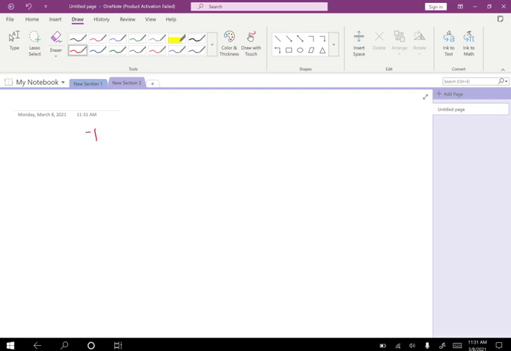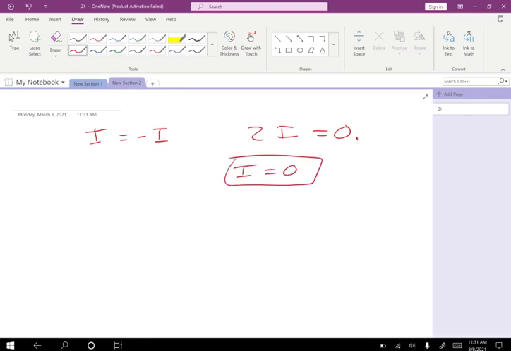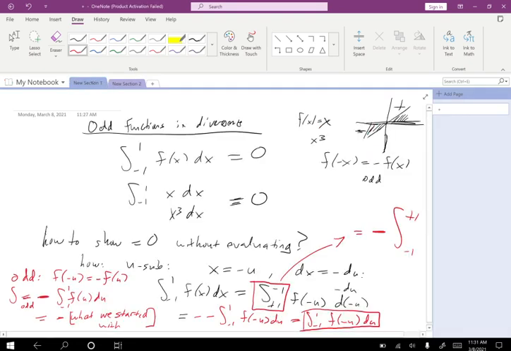In other words, we just showed that I equals negative I. So that means 2I equals 0. If it seems like magic, it's not magic. It has to be true by this geometric interpretation of odd functions over a symmetric domain. This is just a mathematical way to express this without computing these integrals.